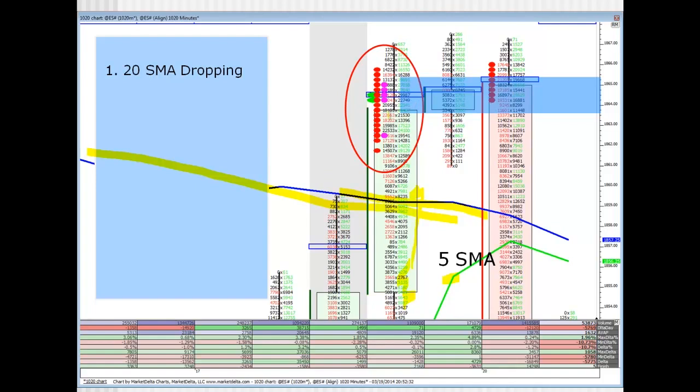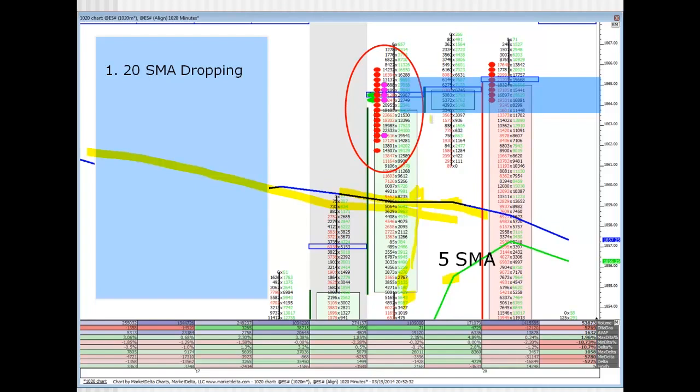So it pierced once, and second time around, it just needs to come back and test and make sure that this truly is a level of support. And in this case, that second test never came in the evening, so there was probably a very high probability that this was going to come in the following day.